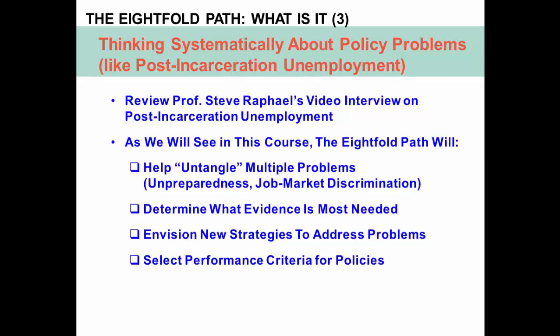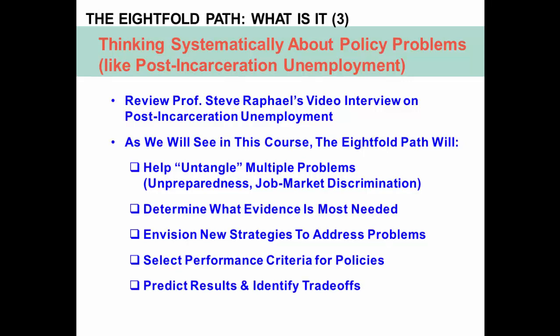Reducing the recidivism rate may be one attractive measure, although Professor Raphael has many comments about the complexity of using that metric. Moreover, we may wish to look at the rate of employment and the duration of employment. We have to think very carefully in this system of thinking about the criteria we will select to determine what success looks like.